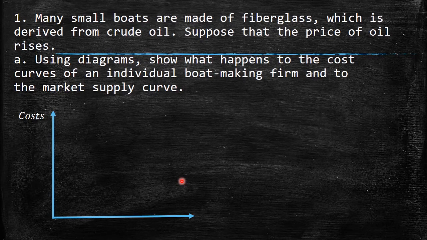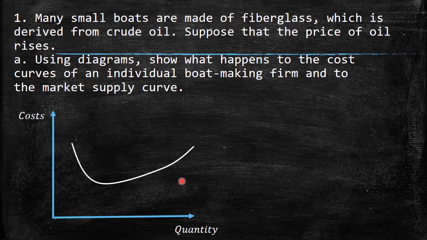Remember that production requires inputs, and if the price of those inputs is higher, definitely you cannot produce as before. So this change makes you produce less. When you produce less, your supply curve shifts to the left. Okay, so that's the basic idea.